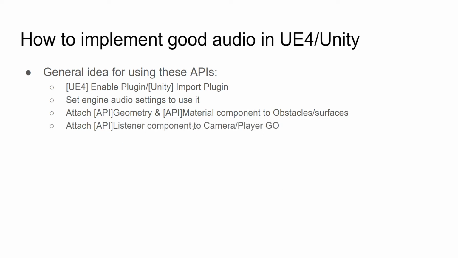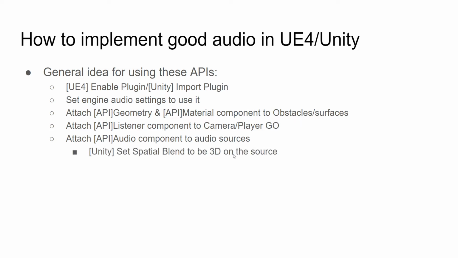For the camera, you would attach a listener component. For things that will make sound, you would attach an audio component, like the API's audio component. So Unity has its own audio component, which you will also attach, but you also have to attach the API's own audio component. Unity has this thing called spatial blend, where you can say basically how much of the audio should be 3D. You can set that to be completely 3D.